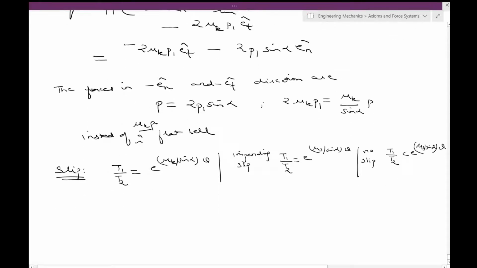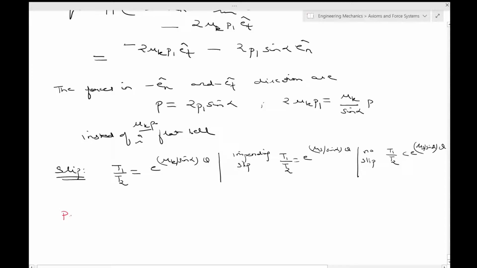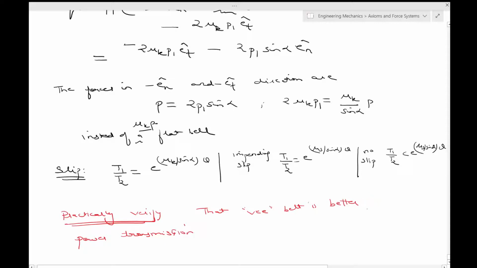Okay, so a statement which you should actually practically verify, meaning you should visualize, that a V belt is better in power transmission than a flat belt, since the mu effective in this case is mu k by sine alpha.